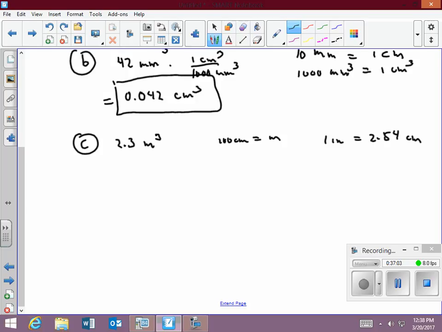So you're going to have to cube these things to get a cube. You're going to have to cube this, and cube this. And then what's the relationship between inches and yards? 36 inches in 1 yard. So then you're going to have to cube this and cube that, right?